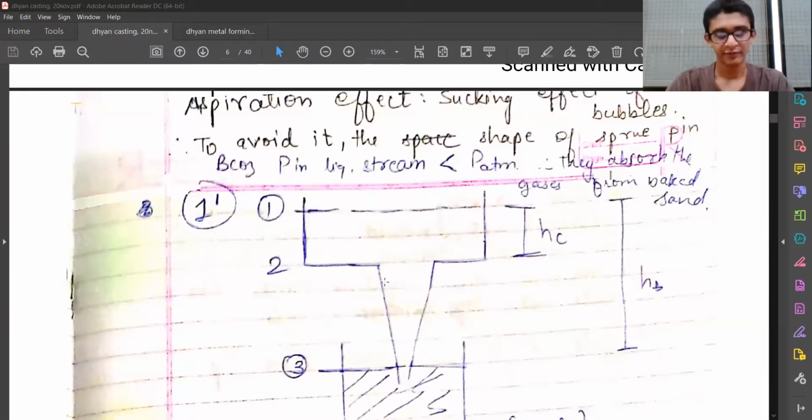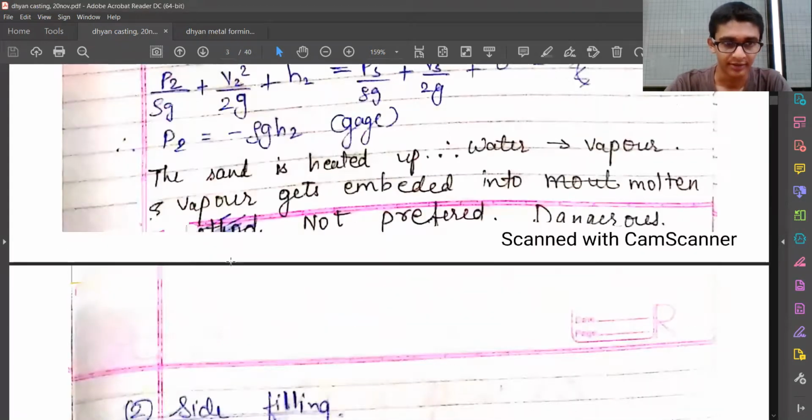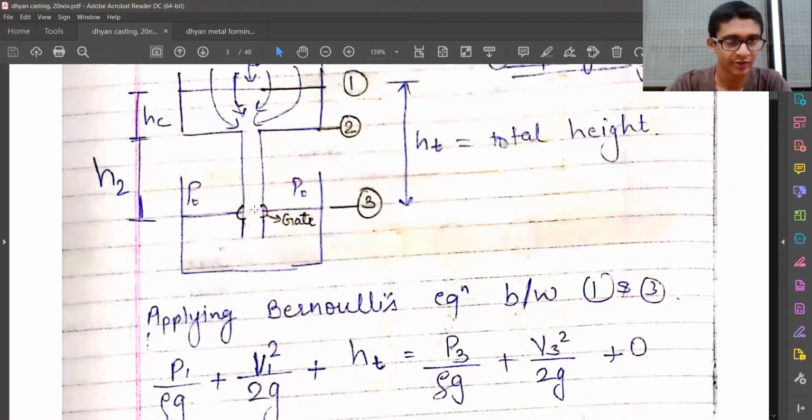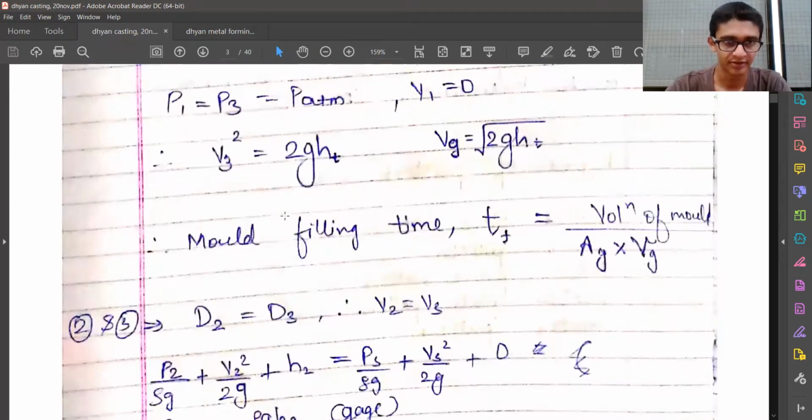In the previous video, I mentioned that we have a parallel sprue over here, from where the metal is going to flow from the pouring basin to the actual mold. Over here, the plane is parallel. The two lines are parallel, or there is a cylindrical system.